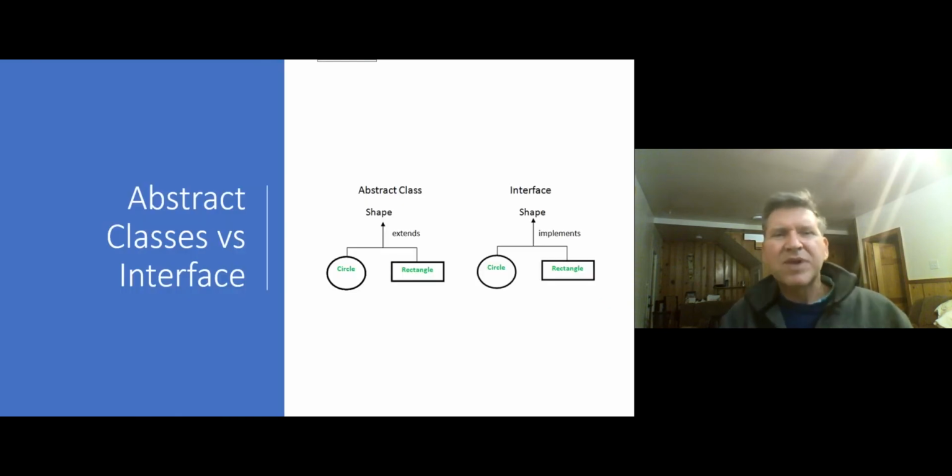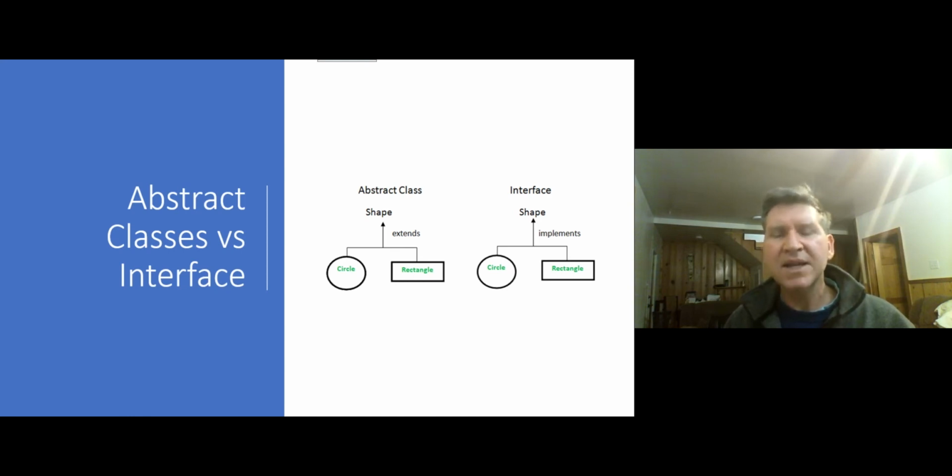So how do abstract classes differ from interfaces? Well, with an abstract class, you have to use the extends keyword. Remember we had Shape, which is our abstract class, and we have concrete classes, Circle and Rectangle. With an interface, we use the implements keyword. Remember, we don't call it a class, we call it an interface.